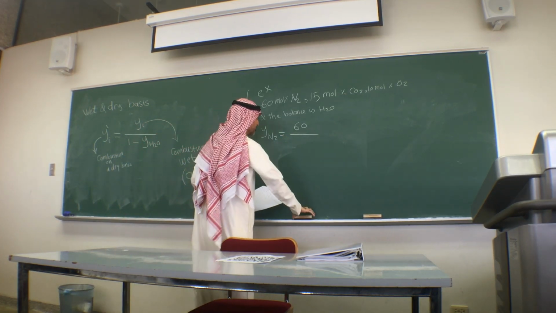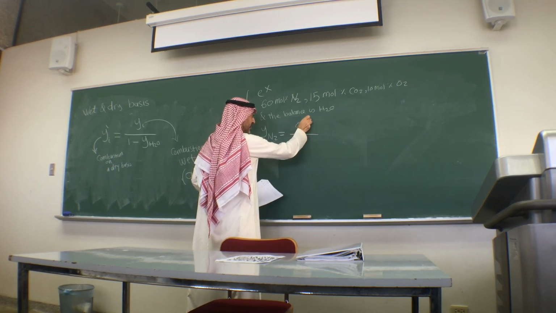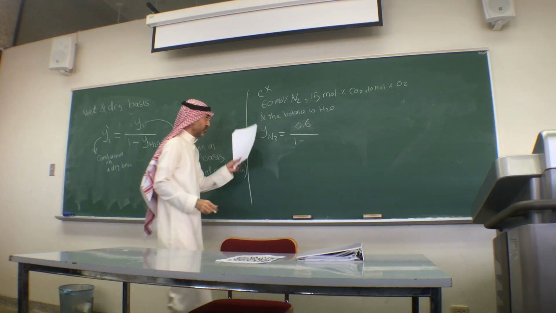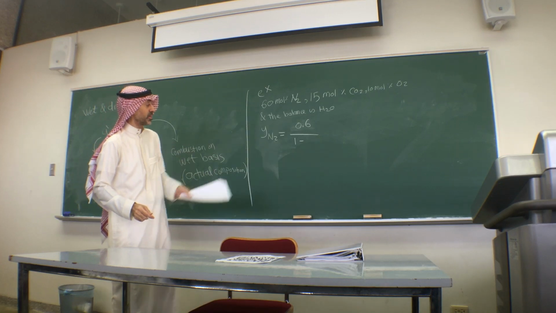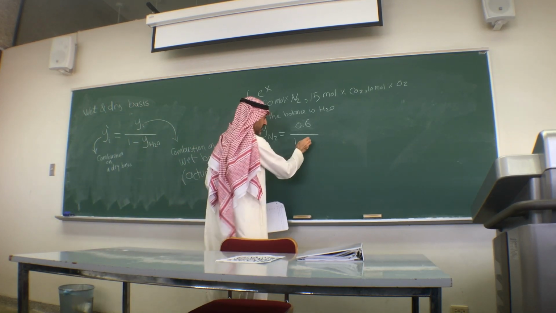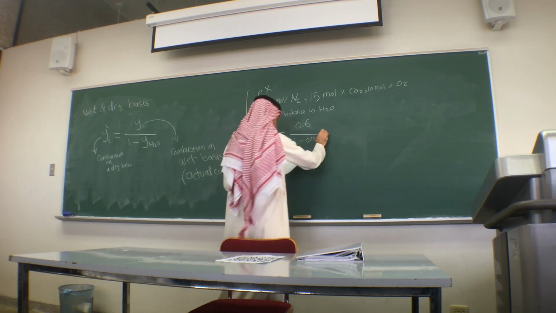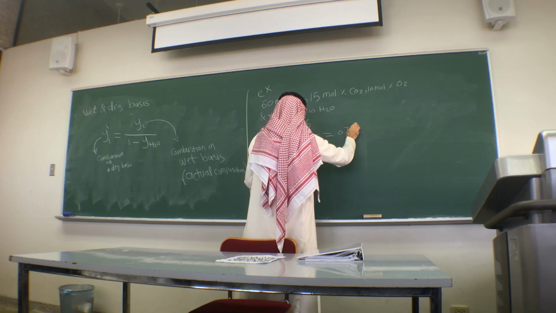Let's put it as fractions: 0.6 divided by 1 minus the water, which is 0.15. This will equal 0.705.